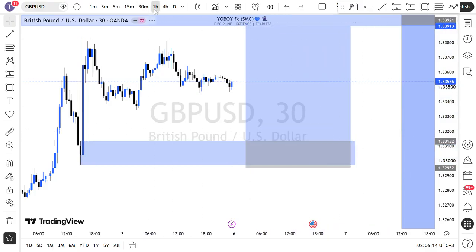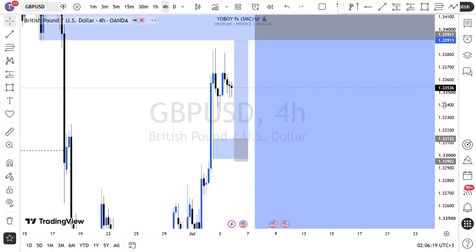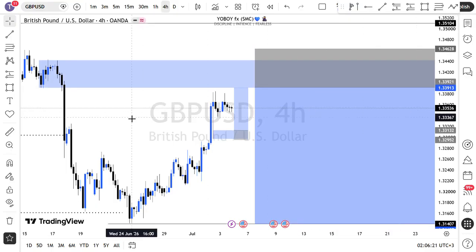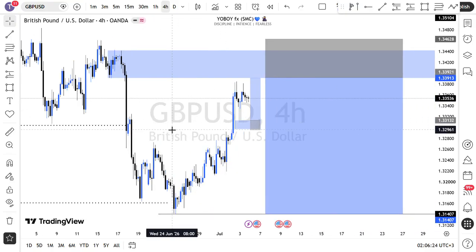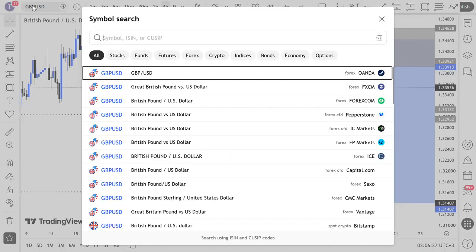So that is what I think, guys, on GBP USD. That is my view. If you have a different opinion, comment down below in the comment section so that we can have a look at what you think.